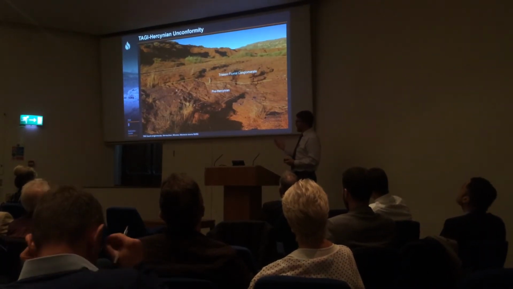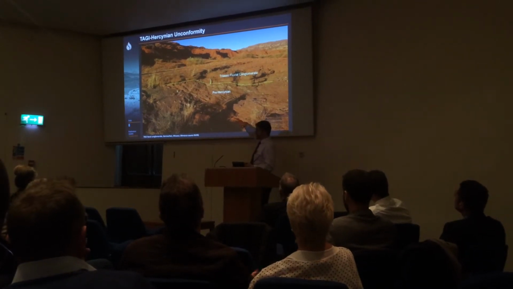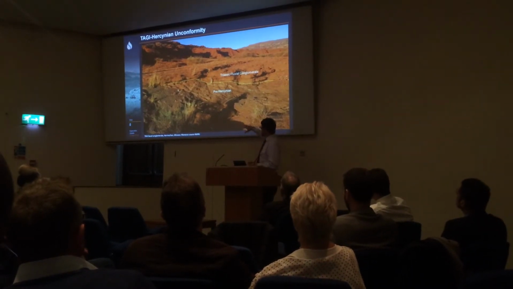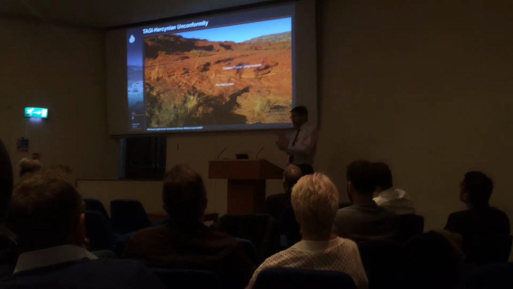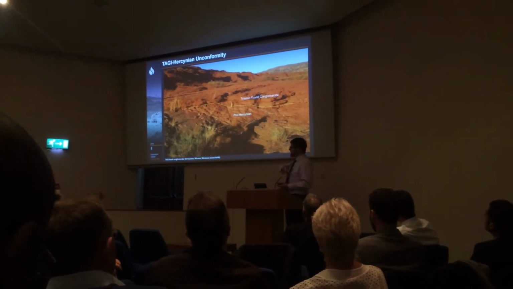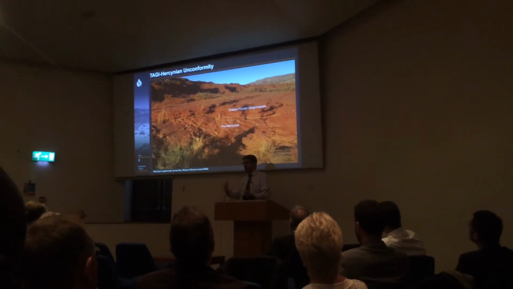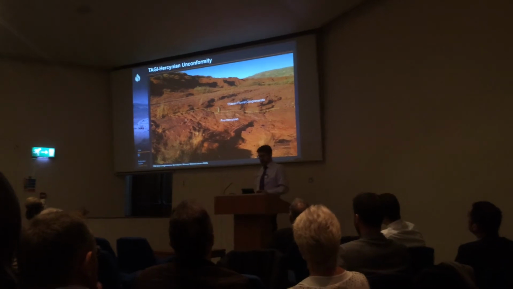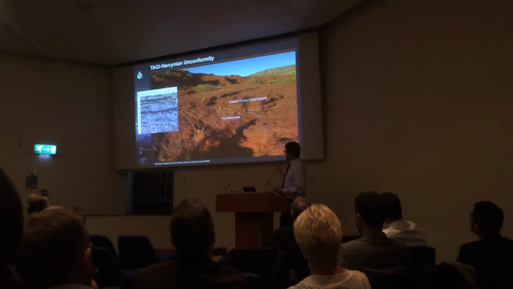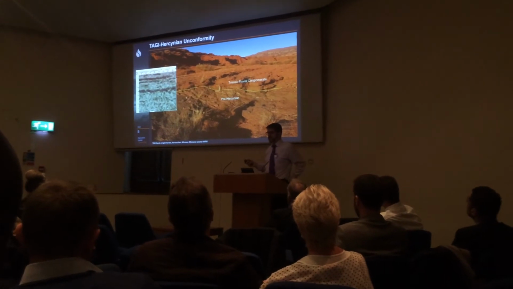And we can also go and look, the Manchester guys have been working just to the west of Tendrara, and we can actually see the TAG-E sitting on the Hercynian unconformity. So we can understand what the topography was like before the TAG-E was deposited, and that's really important for us, because that allows us to link what we see in the field with what we see on the seismic.